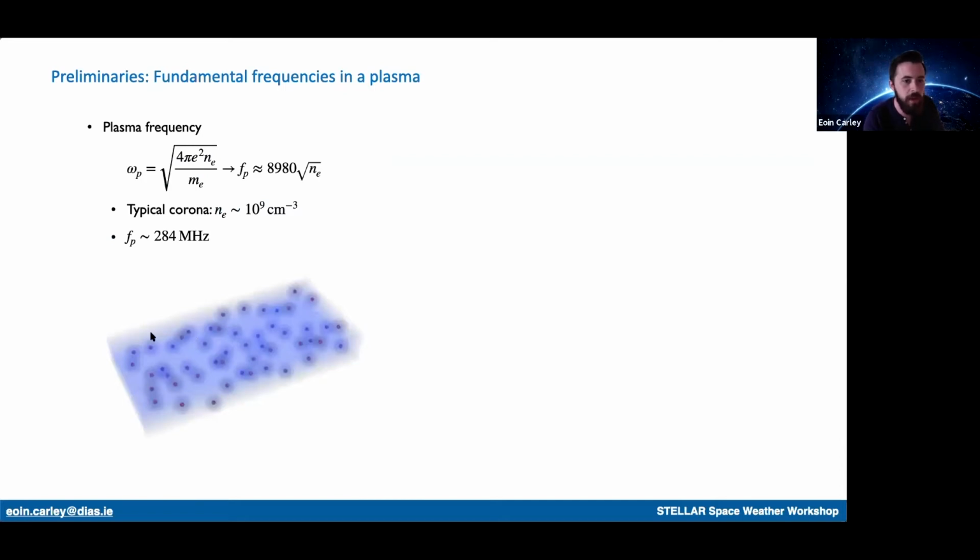So imagine we have a soup or a sea of electrons represented by this blue cloud here, and we have a bunch of protons represented by the red dots. If we displace the electrons, or they get perturbed with respect to the protons, this sets up an electrostatic field. All of the electrons feel that electrostatic force, and they'll accelerate in the direction of the arrow that you can see there.